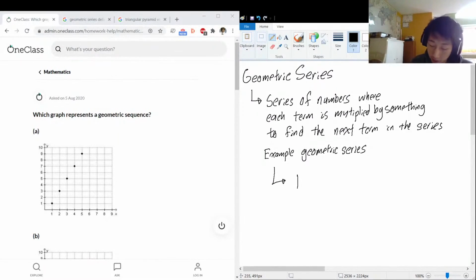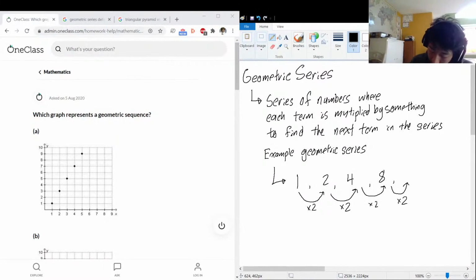And let's say we're multiplying by 2 every time, so we get 2. Multiplied by 2 again, that's 4. Multiplied by 2 again, 4 times 2 is 8. Multiplied by 2 again, 8 times 2 is 16. And on and on.